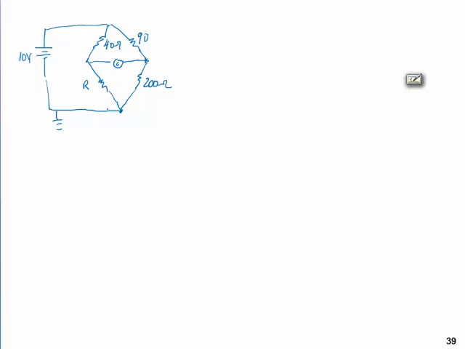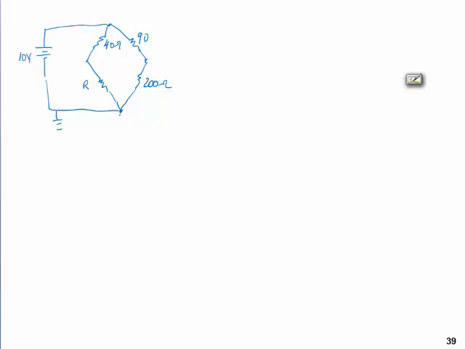But I want to point out something here. This is really an application of voltage dividers. I have 10 volts right here, and pretending this galvanometer isn't here at all, what do we really have in this circuit? Okay, so we get rid of this galvanometer right here.